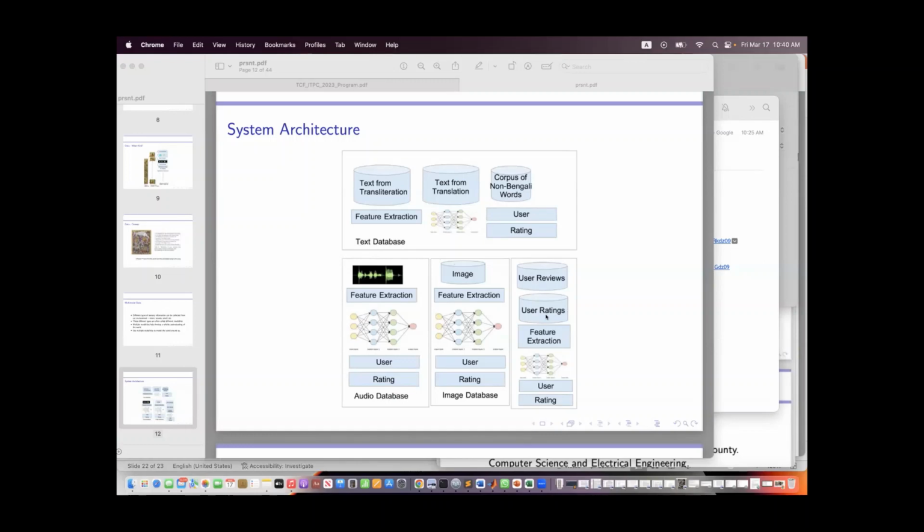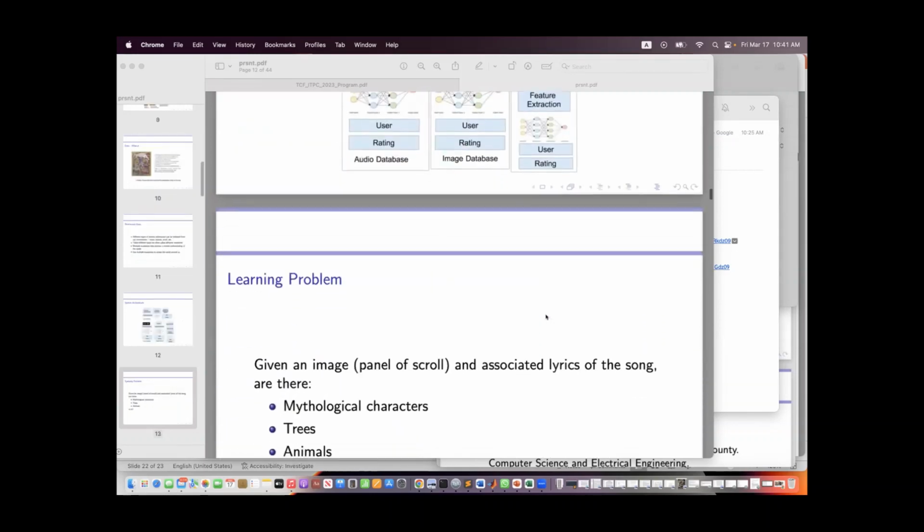So remember, a scroll is 15 to 16 feet long. And so the annotators really annotate a like or don't like for each of these smaller panels, panel by panel information. We integrate all of them to form a large corpus. And this is the corpus that we do our machine learning and AI on.